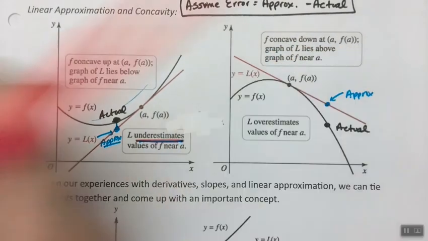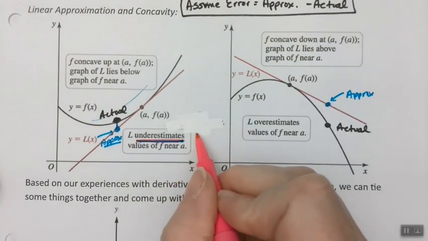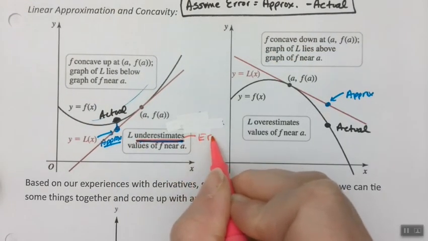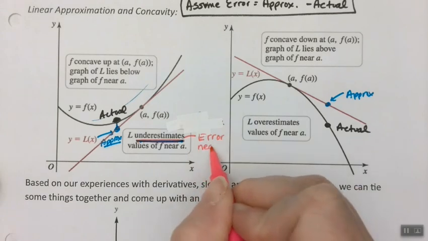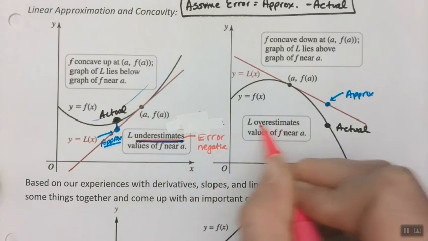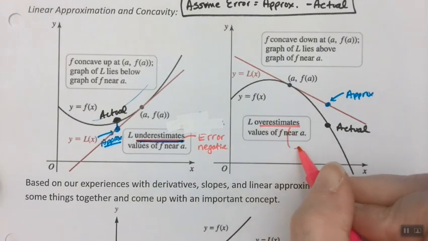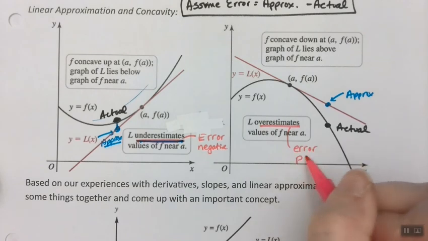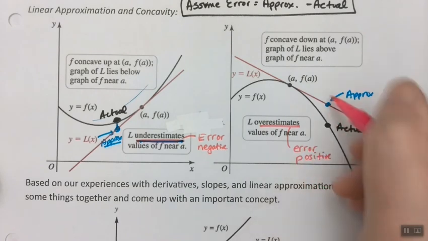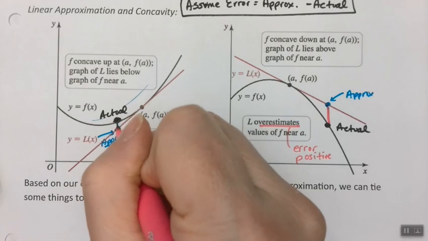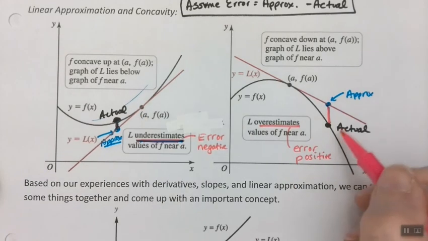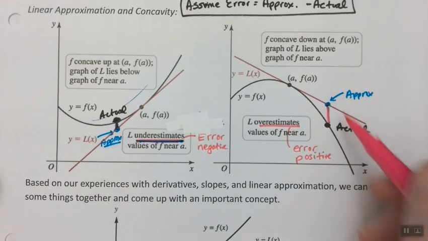So underestimates, that'll be error negative. Overestimates, that'll be error positive, right? Because the error is that distance right there. The error is the distance between the approximation and the actual.